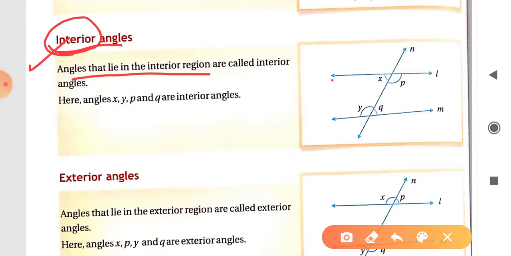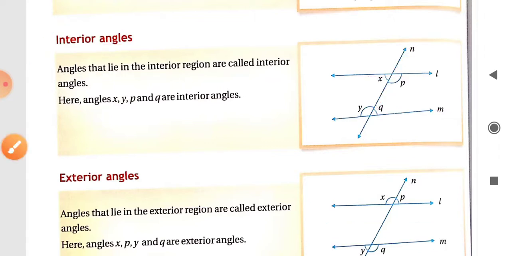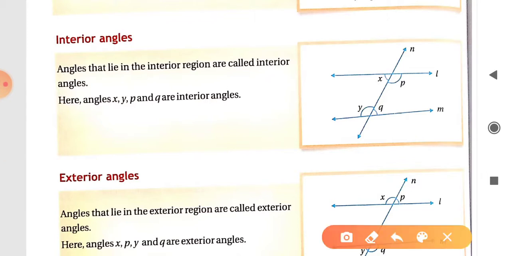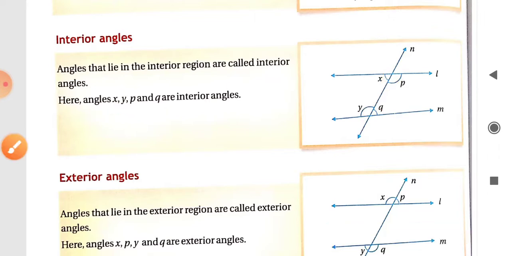For example, here L and M are lines, and N is a transversal line that intersects lines L and M. There are 4 angles in the interior region of these lines. These are X, P, Q and Y. So these angles are known as interior angles.